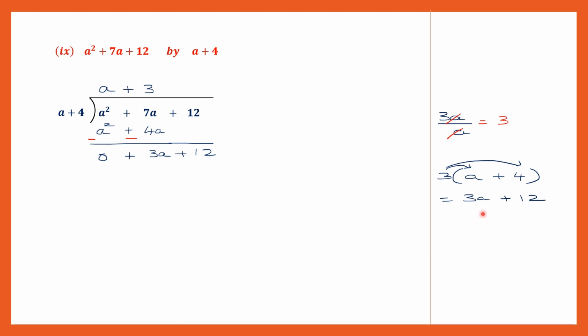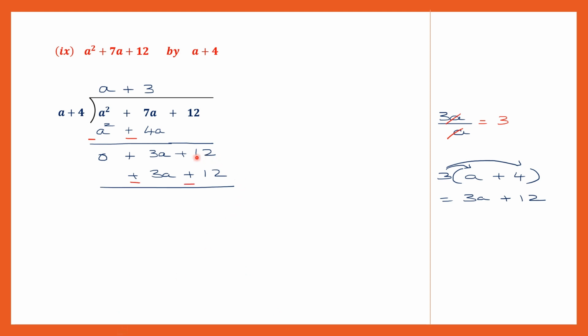So what we have here, we're going to write it here below this. Let's write it below. So this becomes plus 3a plus 12. So in division, again, what do we do? We subtract. When you subtract, the signs here will change. So both the plus signs will now become minus.